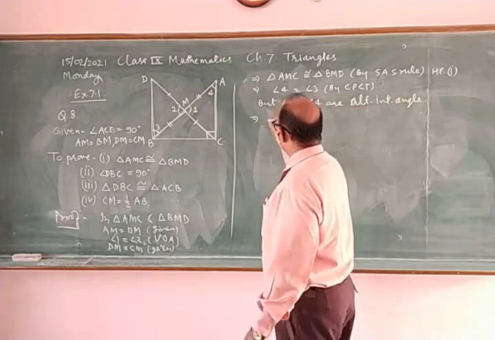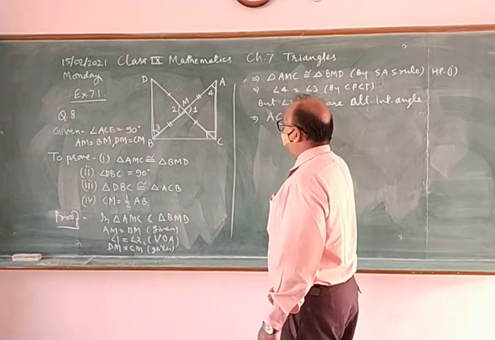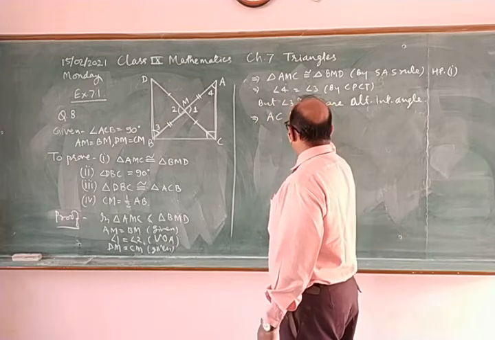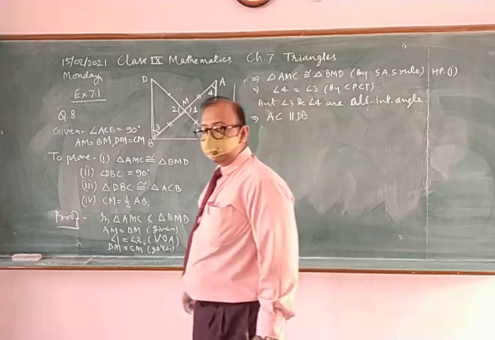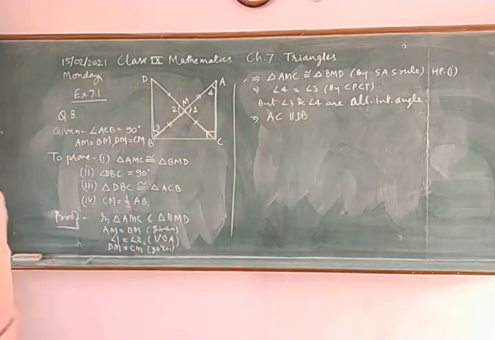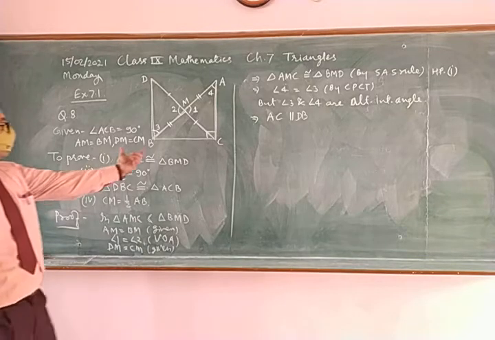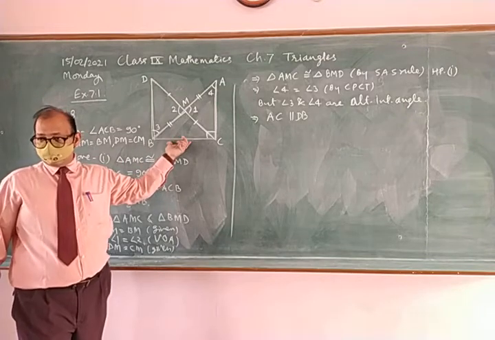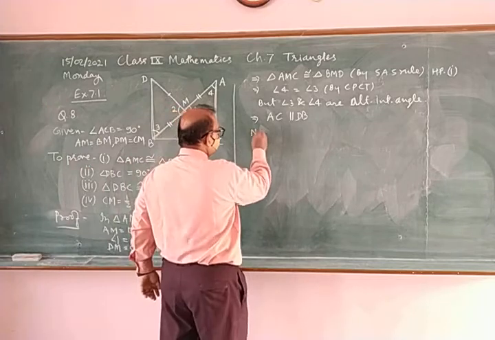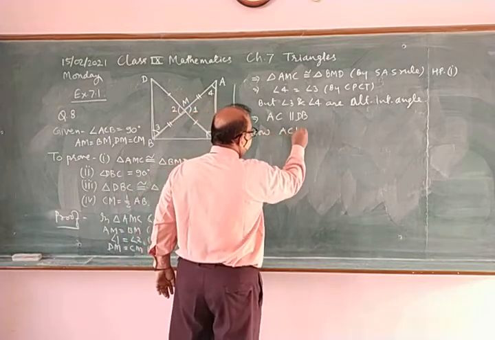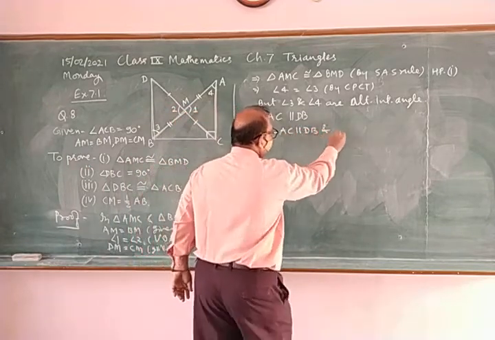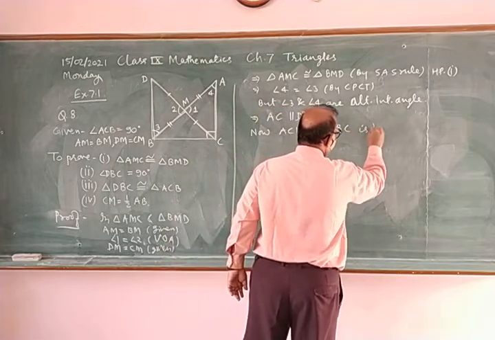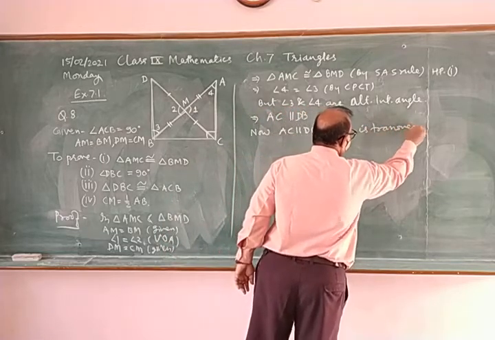Therefore, AC is parallel to DB. When AC is parallel to DB, BC is a transversal. Now, AC is parallel to DB and BC is a transversal.